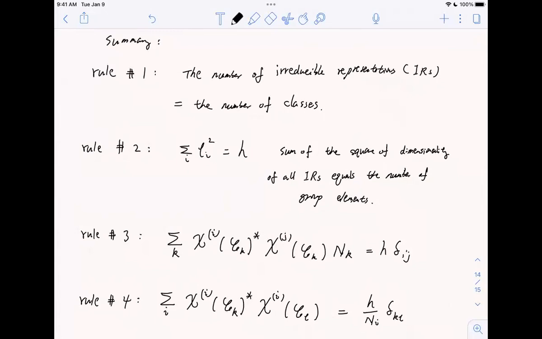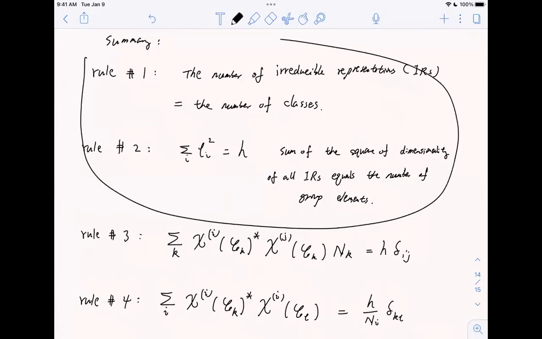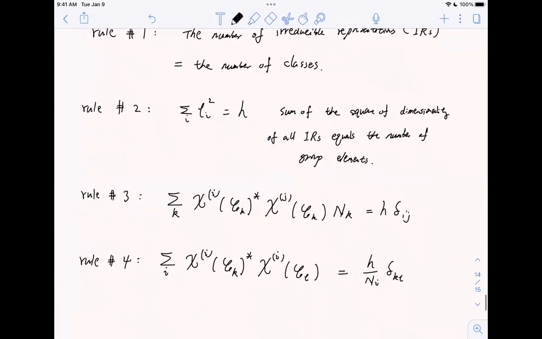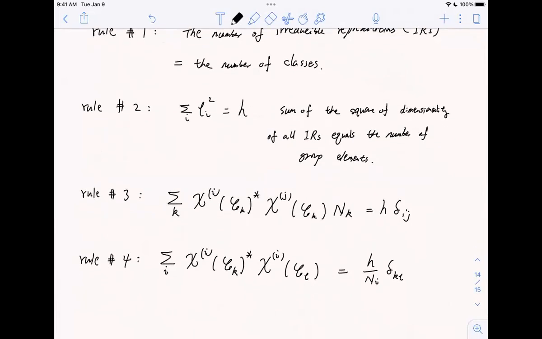They're not that complicated. Basically, the first 2 are the easiest to remember, particularly rule number 1. Once you have a symmetry group, you just arrange them into classes. Then the number of classes is the number of irreducible representations. The most straightforward one, but it doesn't tell you the dimensionality.